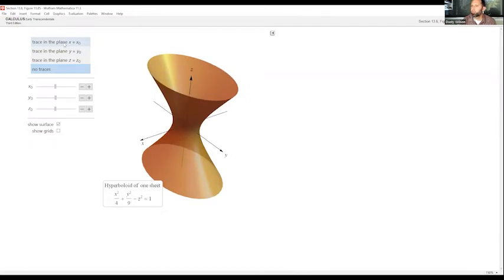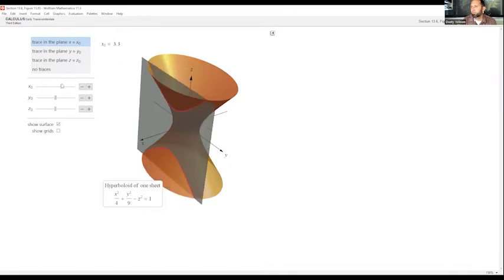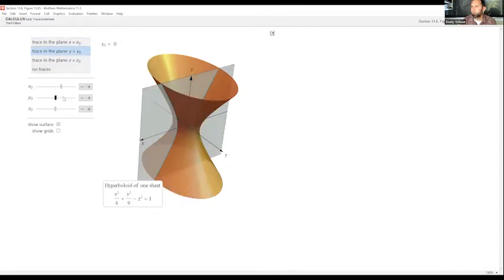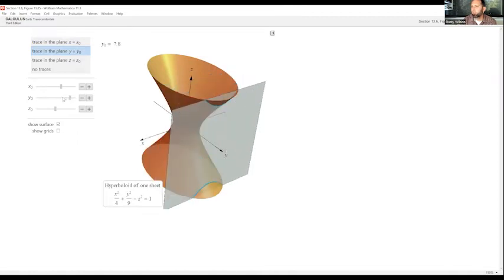So if we look at traces in the plane x equals x naught, notice you have those hyperbolas. We look at traces in the plane y equals y naught. Again, you have the hyperbolas.